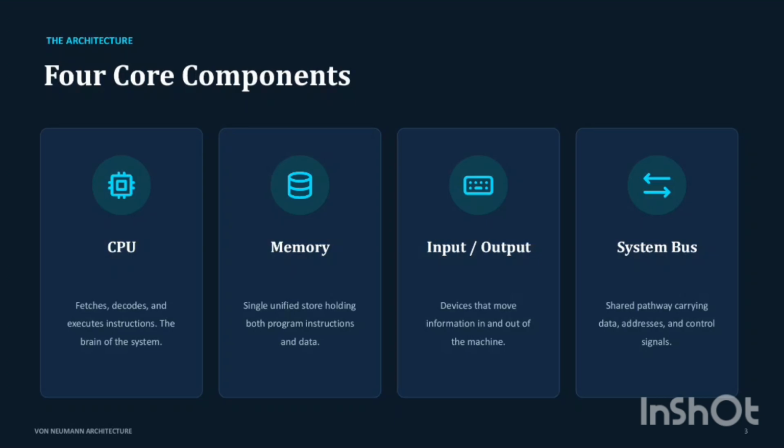So whenever we have certain instruction to be executed, it will be stored in the memory space and it will be fetched, then it will be decoded and executed. And the second component is memory. Obviously we will need memory to store the data and instruction. And the third one is input and output. These input and output are nothing but the devices from which we get the information and to which we give the output. And at last is system bus. This is nothing but to have connectivity or communication among all these devices, we have a bus called a system bus.